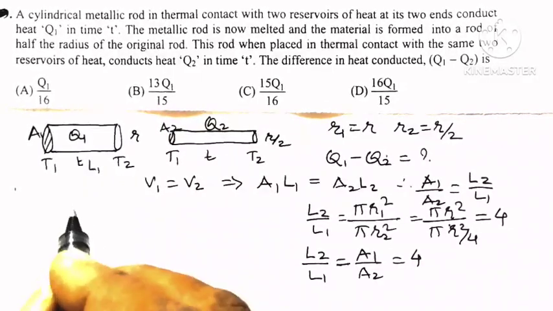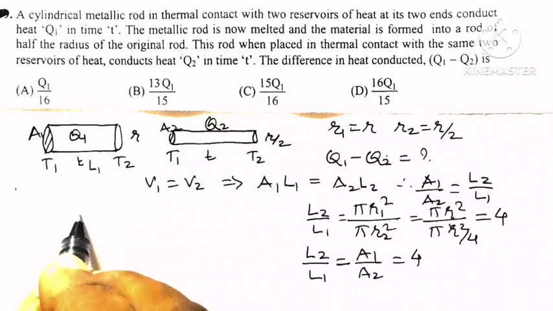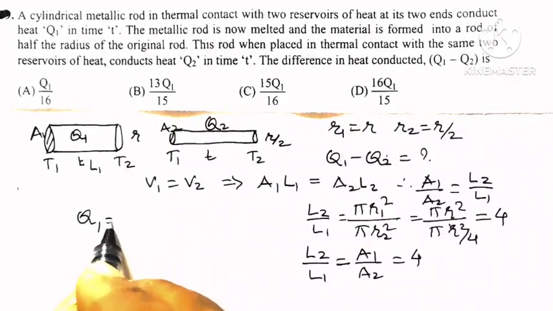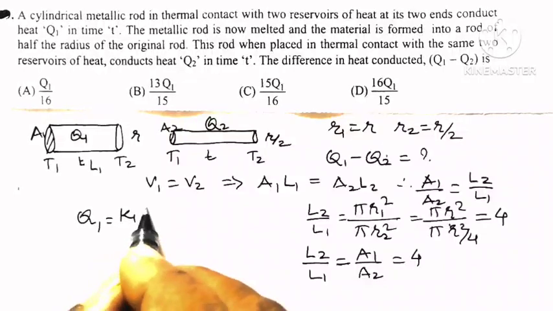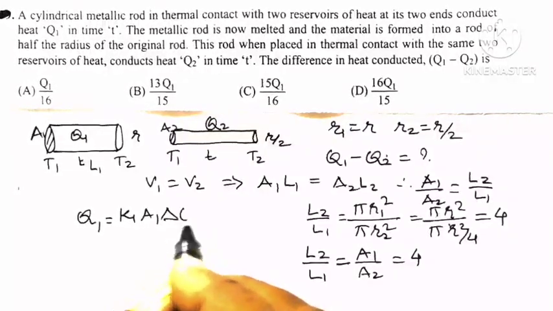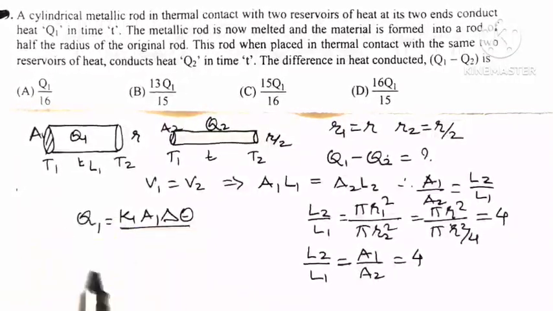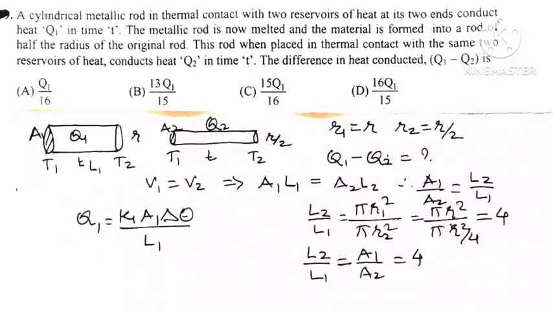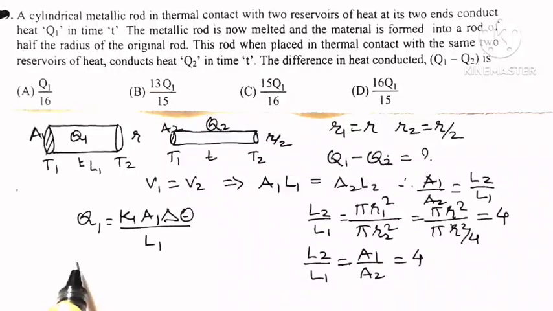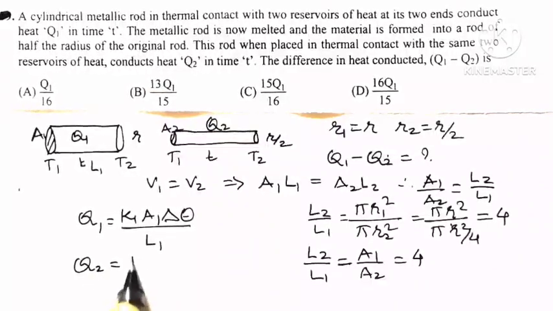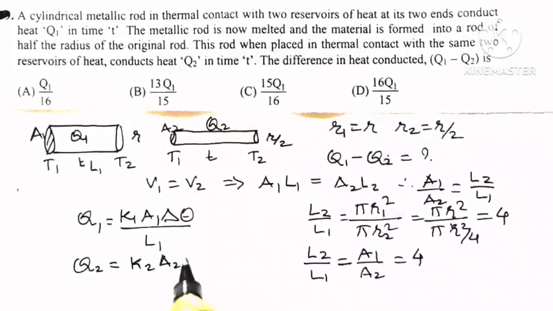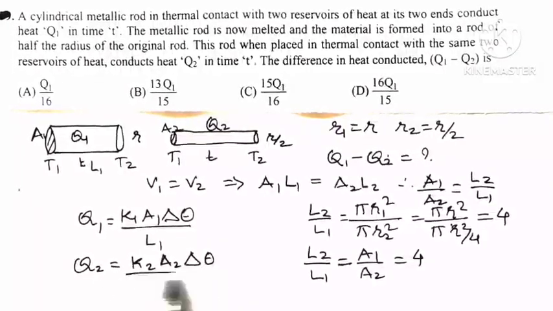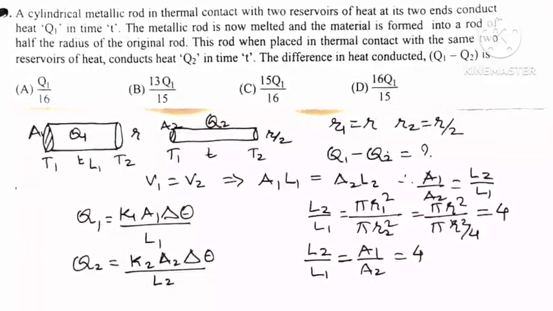Now we want to find out Q1 minus Q2. The amount of heat Q1 is equal to K1 A1 into delta theta, where delta theta is the difference in temperature, divided by the length of the rod, L1. And Q2 is equal to K2 A2 delta theta divided by L2.